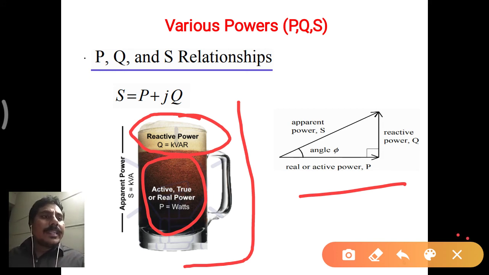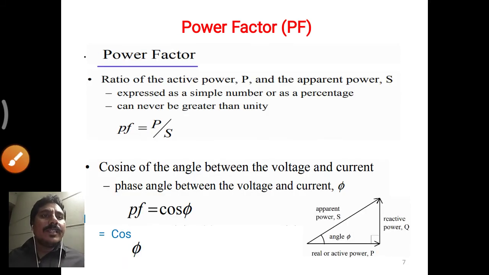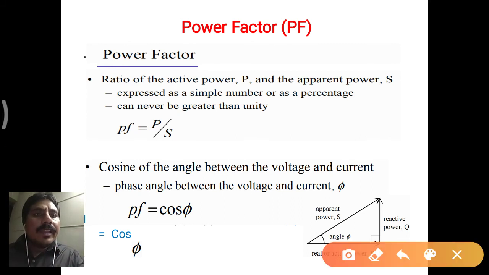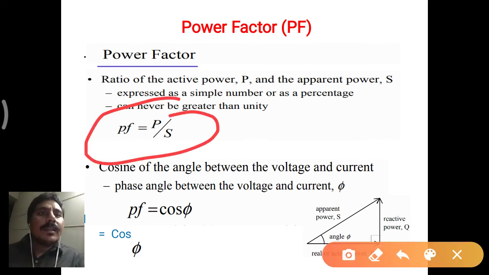Now, next we have to go for power factor. It is very, very important. The power factor is represented as PF. It is the ratio between true power and apparent power.